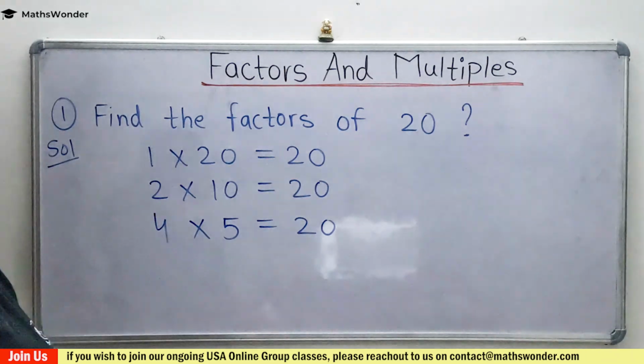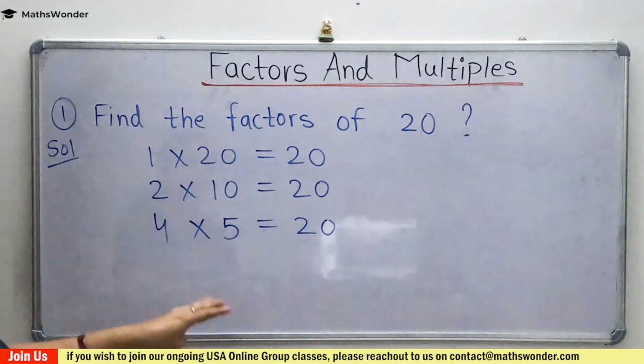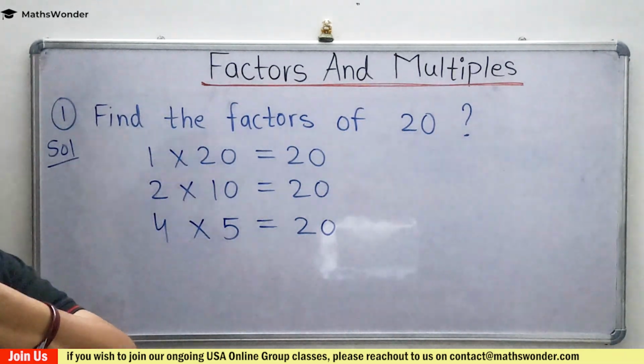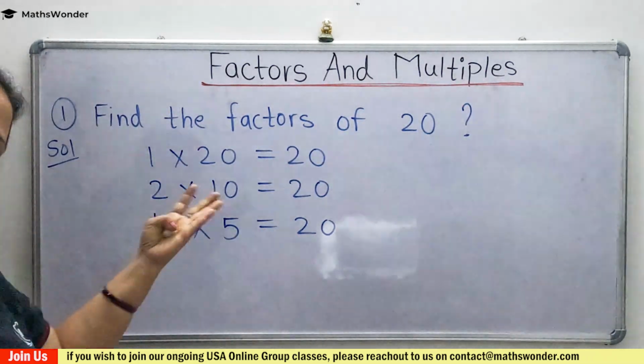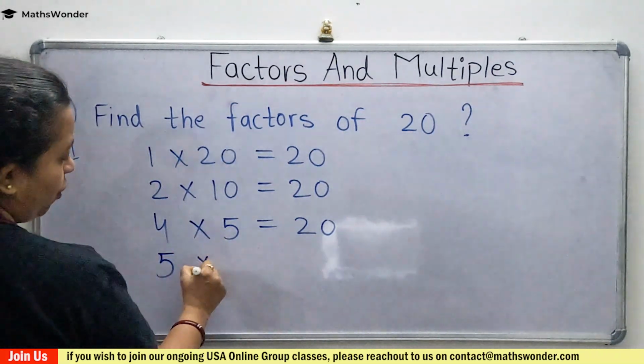As you know, the order property, have you learned it in the previous grade? The order property is that if you multiply any numbers and change the order, it gives the same answer. So 4 times 5 is 20, or 5 times 4 is 20. You can write it if you want.